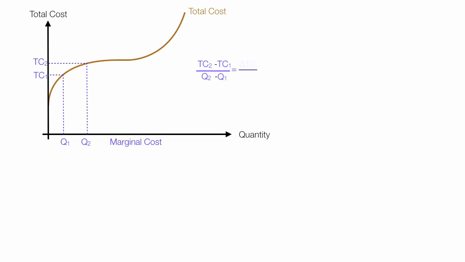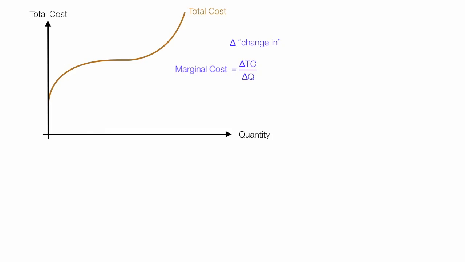In other words, the change in total cost divided by the change in quantity is equal to the marginal cost. That little triangle is the Greek delta, meaning change in. This is also equal to the change in total variable cost divided by the change in quantity, plus the change in total fixed cost divided by the change in quantity.